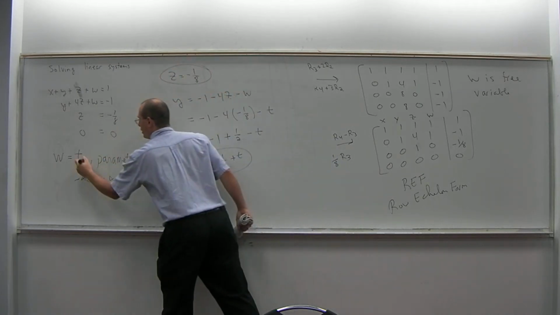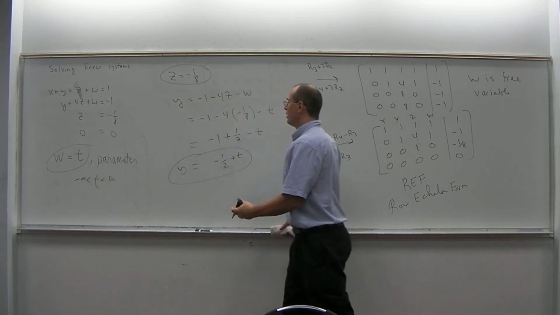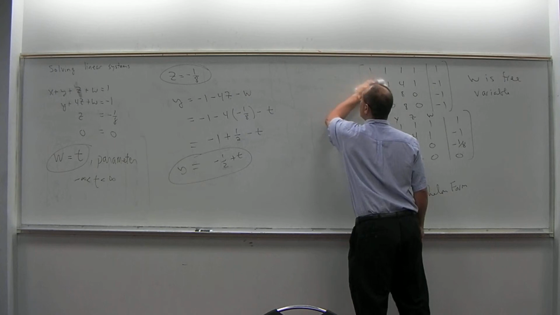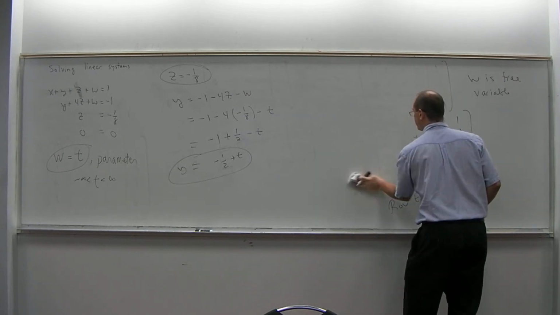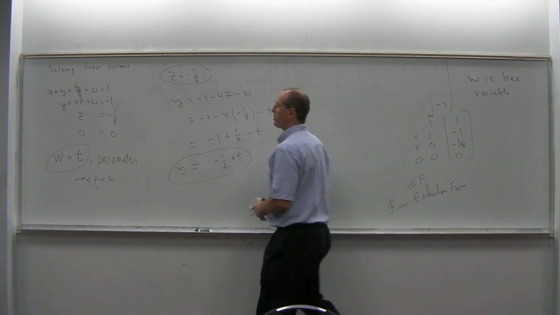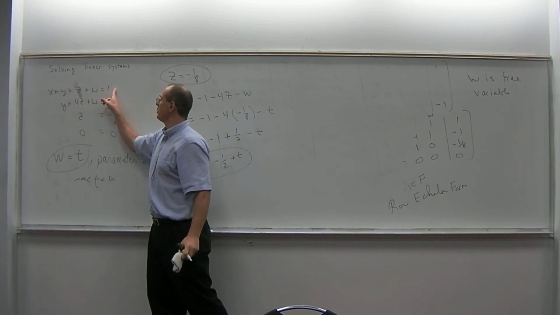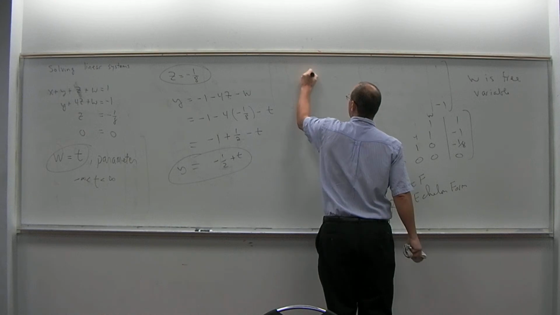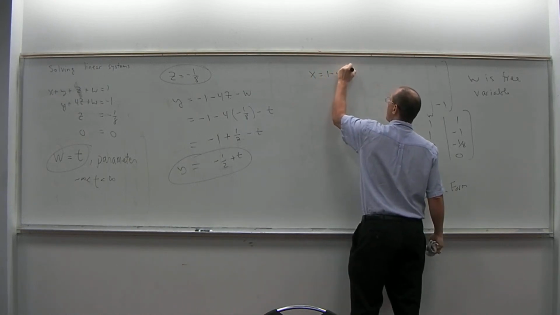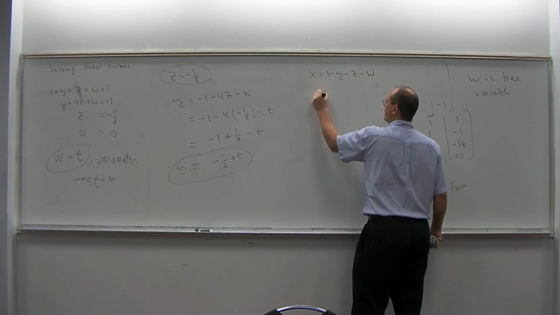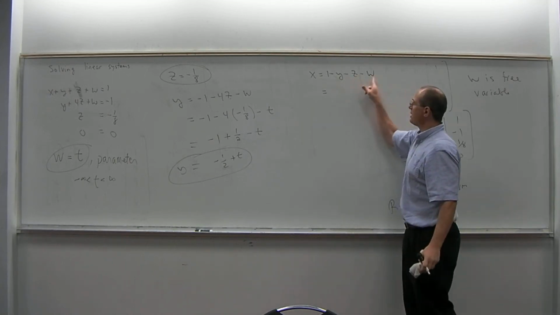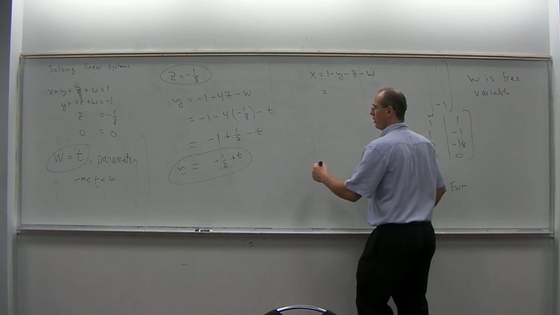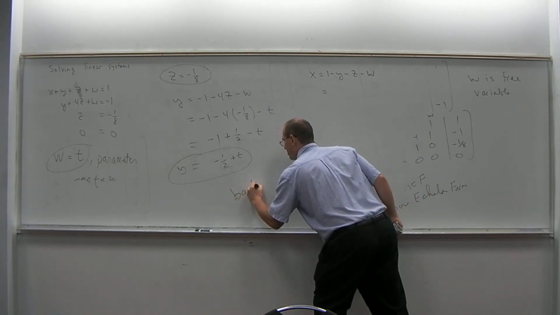There's z, there's w, and finally we can do the same for x that we just did for y. So x plus y plus z plus w is equal to 1. If I move the y, z, and w to the other side, I get x equals 1 minus y minus z minus w. And we have expressions for y, z, and w already, so plug those in. We are doing what's called back substituting.